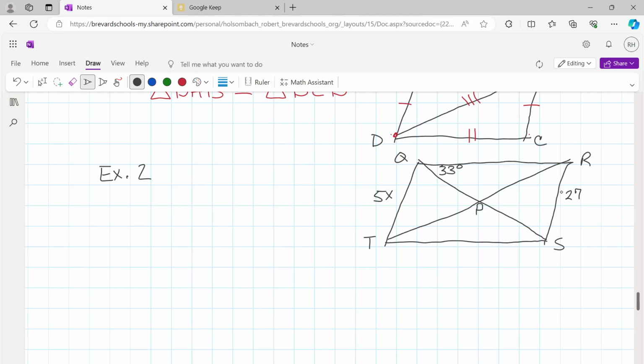And angle TSQ is equal to 3Z degrees. T to P is 2y minus 5. And P to R is y plus 4.